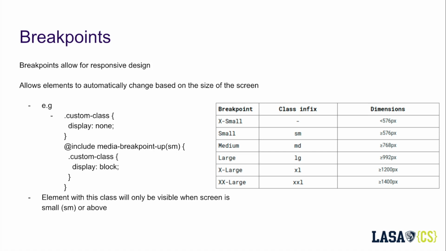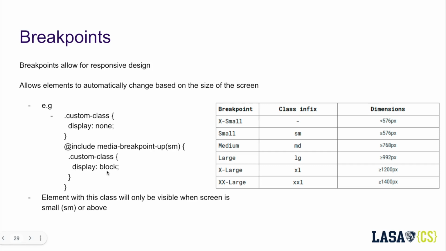The way this can be done, for example, is let us say we have some class that we give an element. You can say that by default, you want the display to be none, meaning that this element is not visible. But then we can add this line, include media breakpoint up, and in parentheses SM. And what we're telling it is basically now we want the element to be displayed, and we want it to be displayed in a block form.